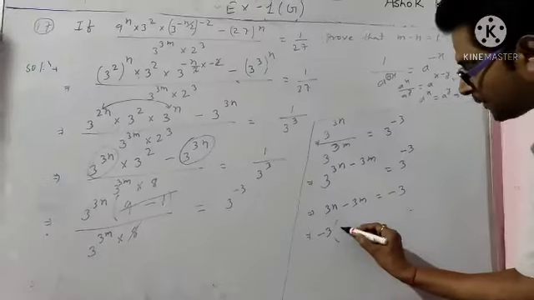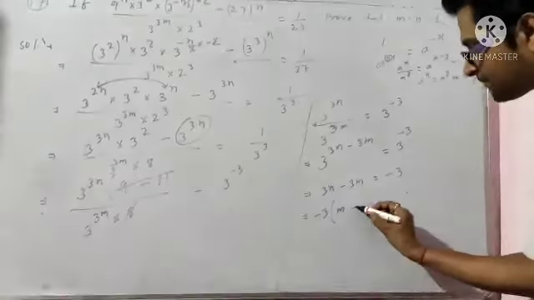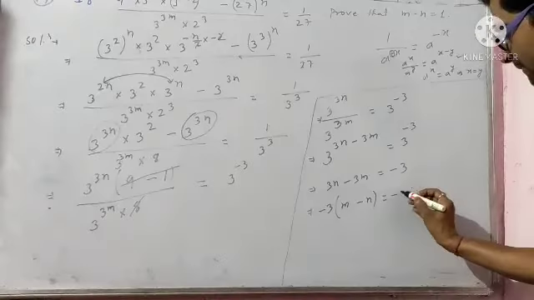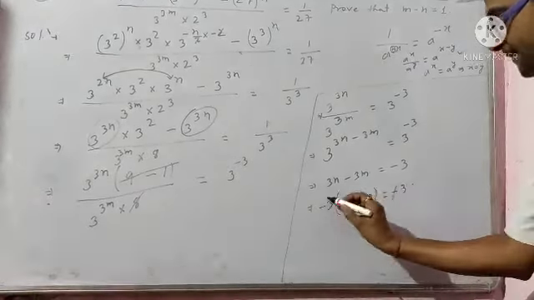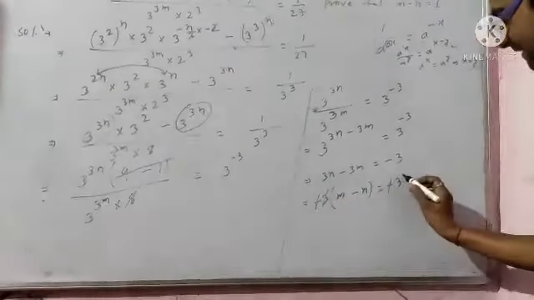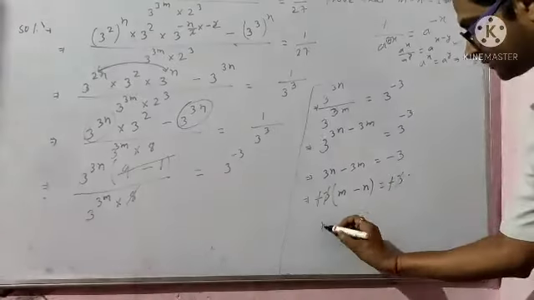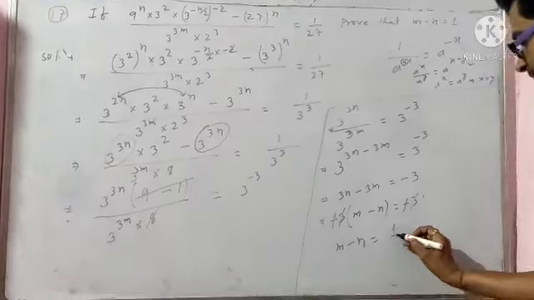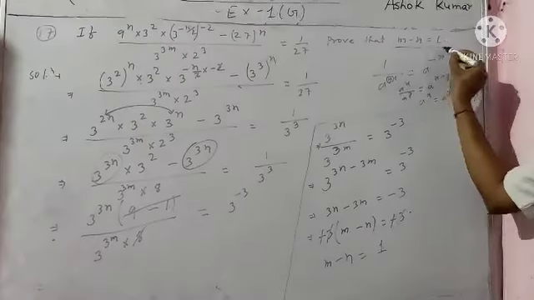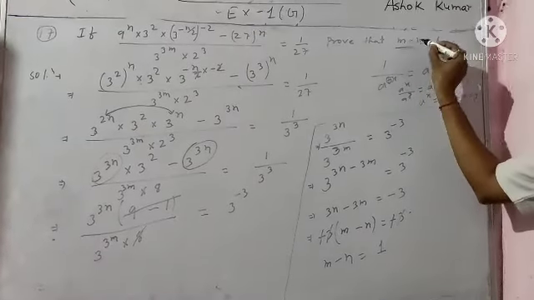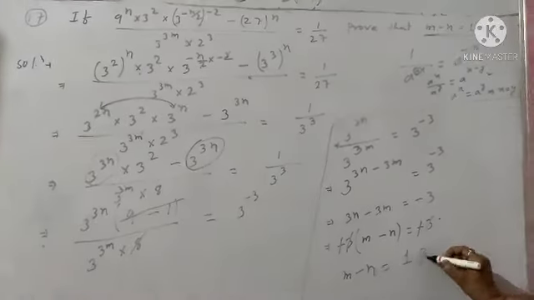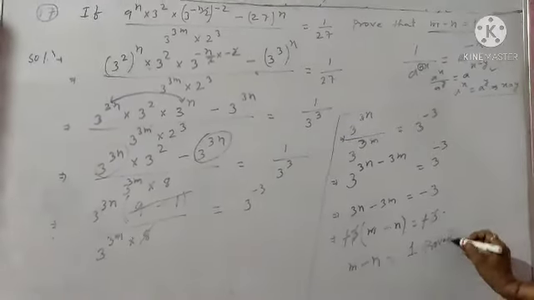So this value is the positive, that means m, and this value is the negative, n, is equal to minus 3, and minus is cancelled, 3 and 3 is cancelled. So finally, m minus n is equivalent to 1. Hence proof. This is your proof. Look at here, m minus n is equal to 1. Here is also m minus n is equal to 1. This is your proof.